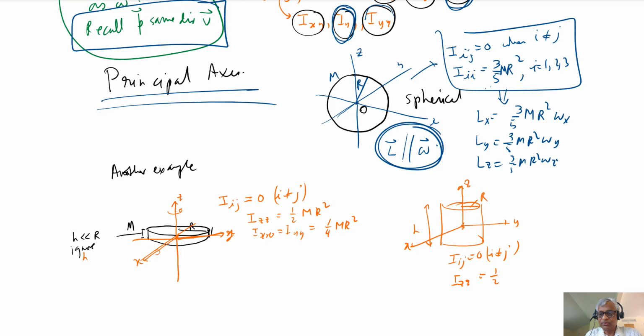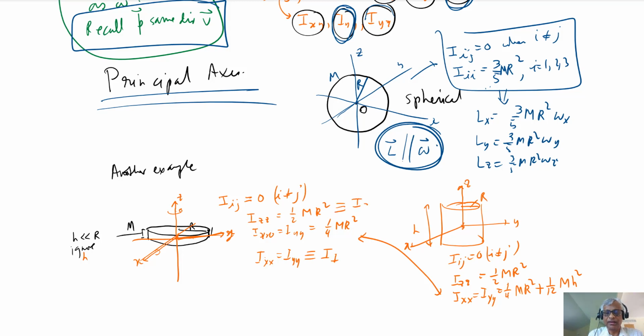But Ixx and Iyy will be different, because now it's spread out over this and the whole thing rotates. It's 1/4 mr square, but then you have to add a term with h square to that. So in both cases, Ixx equals Iyy, and let's call it I1, and this one is I3.